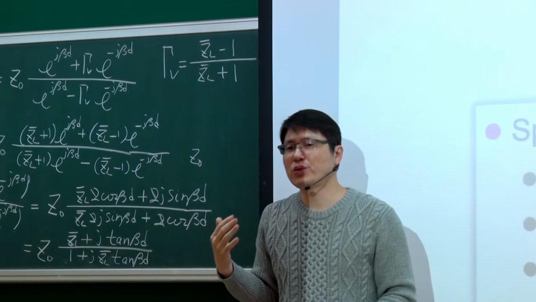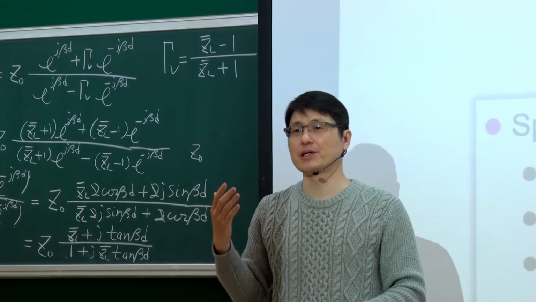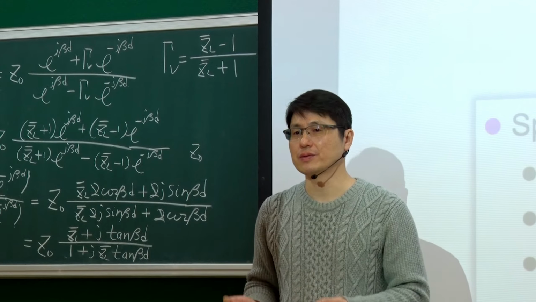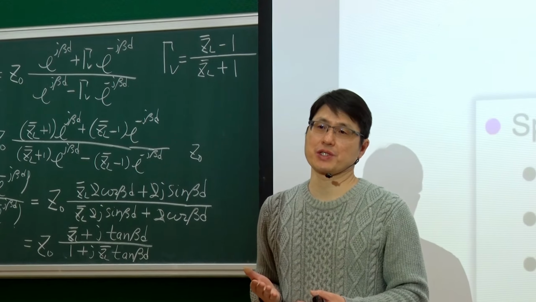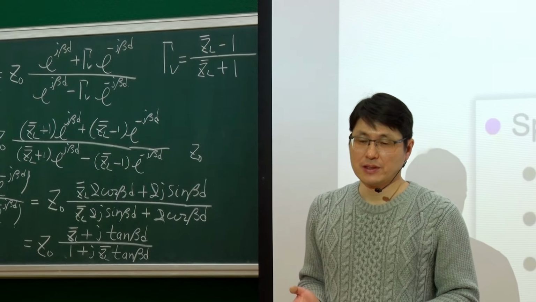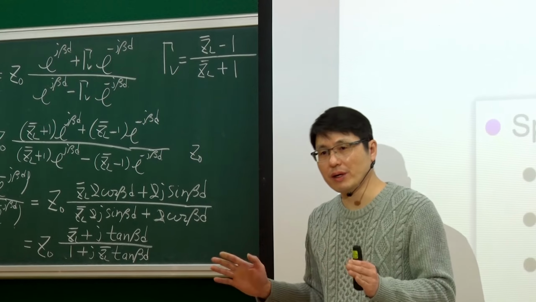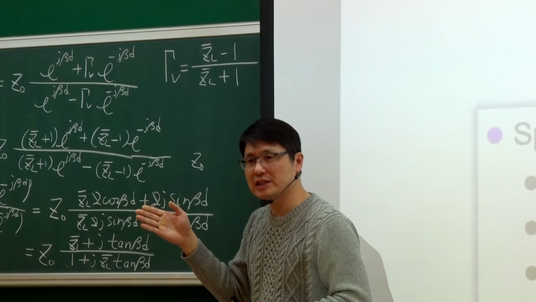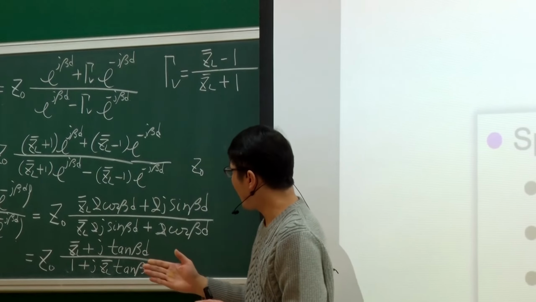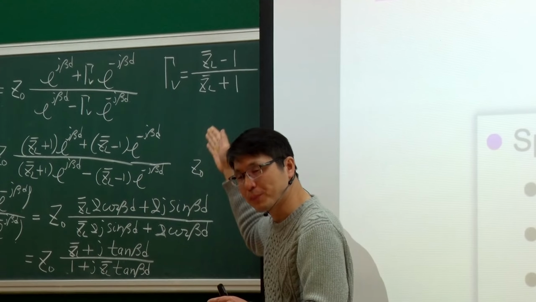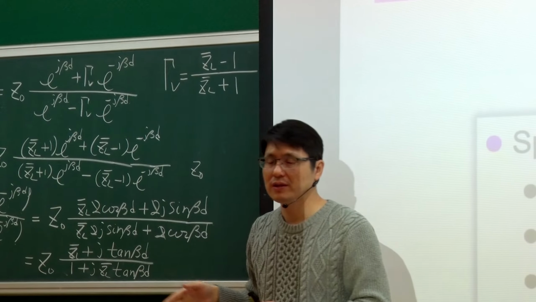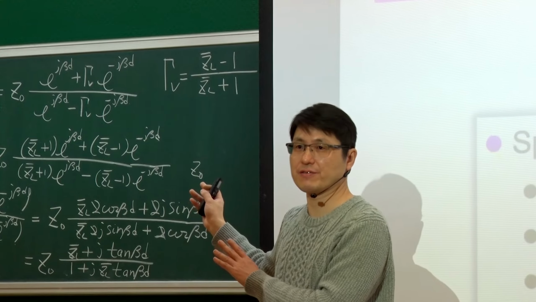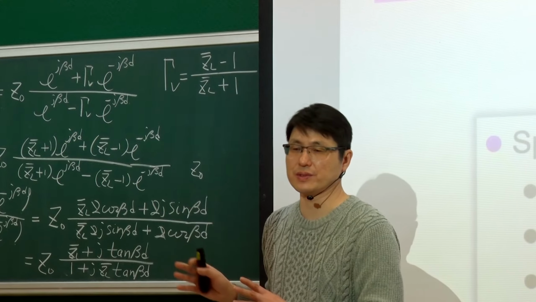So his question was, does the definition of the reflection coefficient still hold, even though the transmission line is lossy? So the answer is yes, it will hold, because the reflection coefficient is the reflection at the load point, okay? So basically, if you have loss, the reflection coefficient definition still holds.